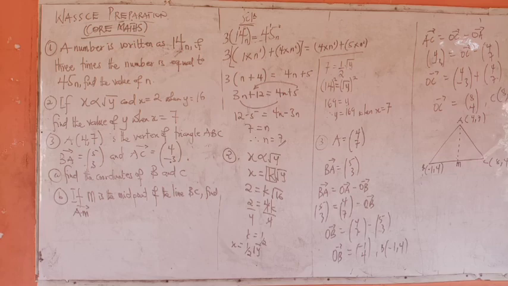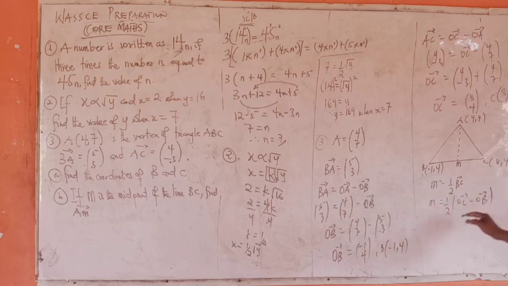Midpoint of BC means that M is equal to half of the line BC. We know BC is the same as OC minus OB. So M is equal to half of (OC minus OB).